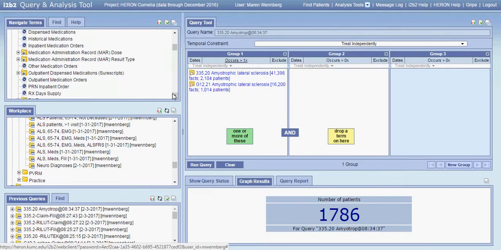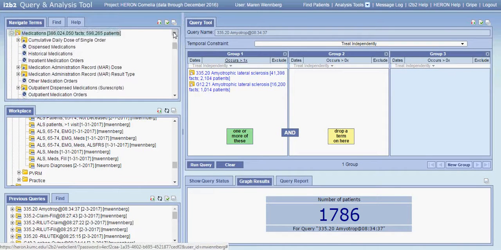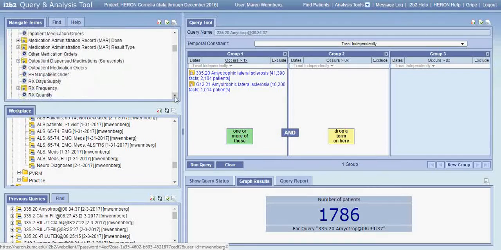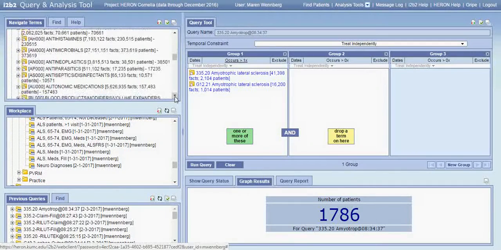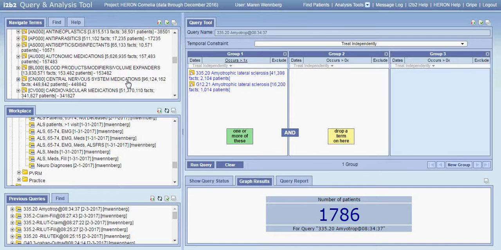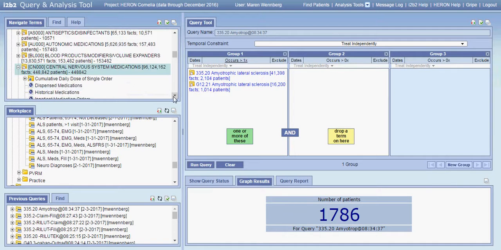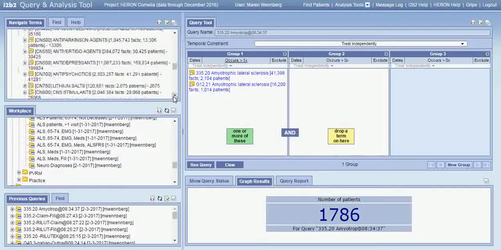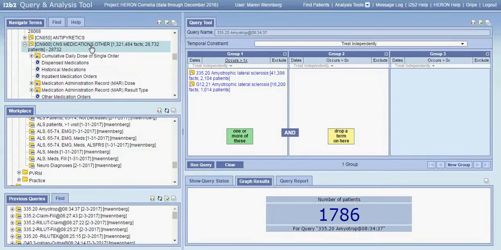Now I'm going to go down into the tree structure because this is just based on any medication. I'm looking for a specific one, which is found under central nervous system medications, CNS medications, other.